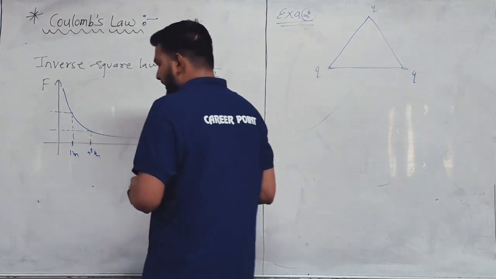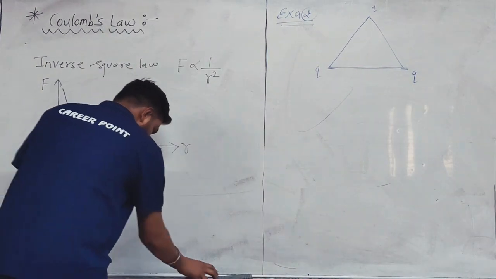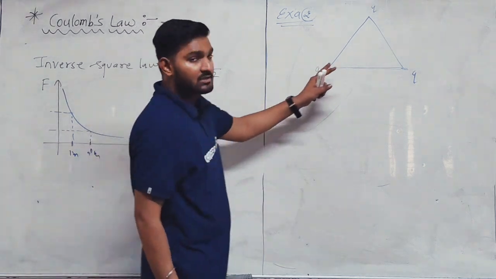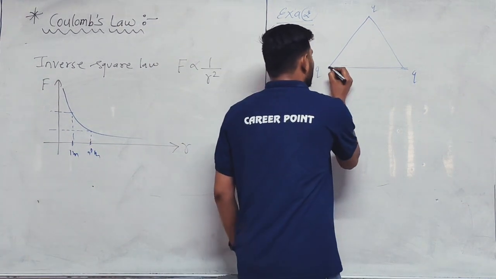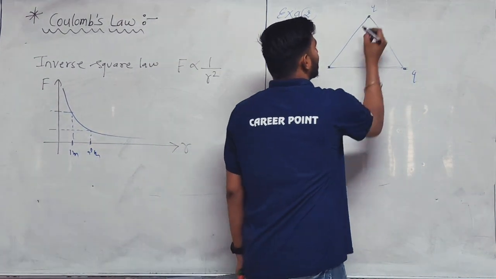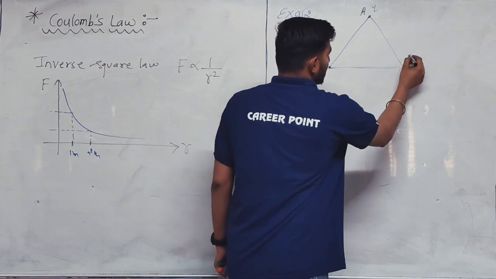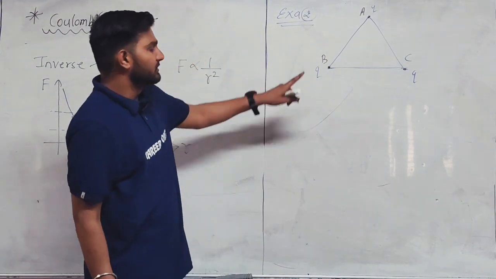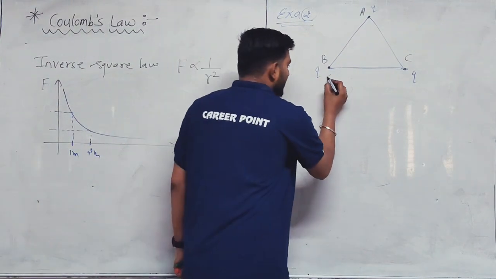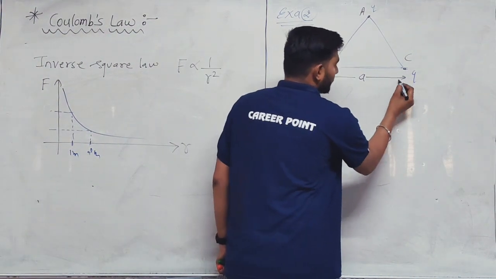There are three charges, and we have placed all three charges on the vertices of this equilateral triangle. Let's suppose these are A, B and C. ABC is an equilateral triangle and the side of this triangle is A.